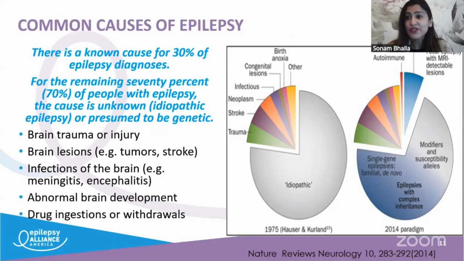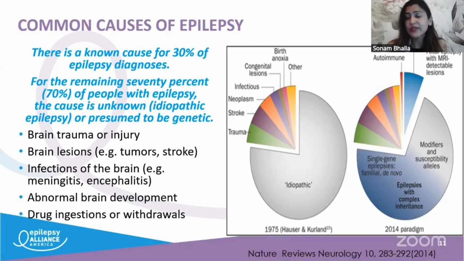Now we have understood that there are certain genetic mutations that increase your brain's connectivity, your neuronal functioning is abnormal, and that increases your risk for epilepsy. So, with advanced imaging and advanced genetic testing, we've been able to identify a cause for epilepsy in a lot of patients.